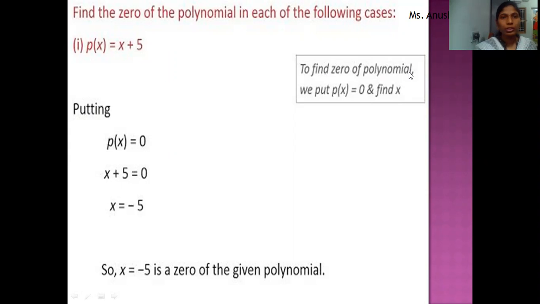This is the technique you need to follow. For finding a zero of a particular polynomial, we have to equate that polynomial to 0, and finally find the value of x. So p of x equal to 0 means x plus 5 equal to 0. Plus 5 becomes minus 5 on the other side. So x equal to minus 5, which is the zero of the polynomial.